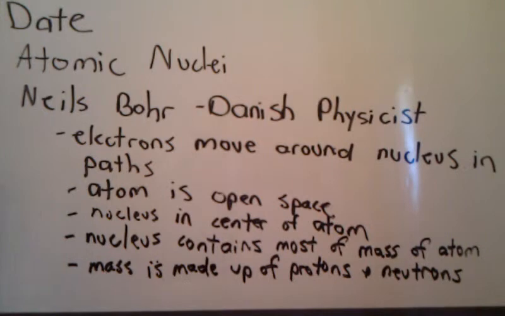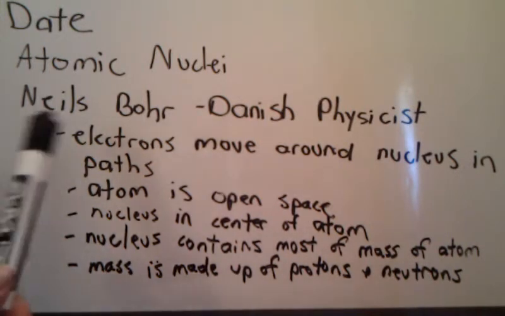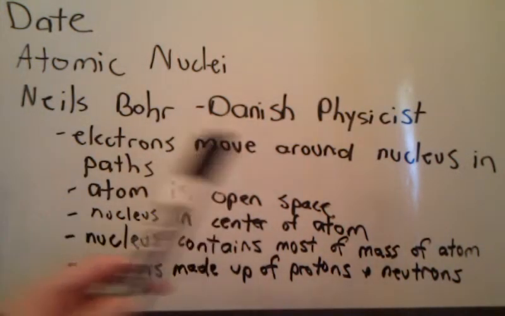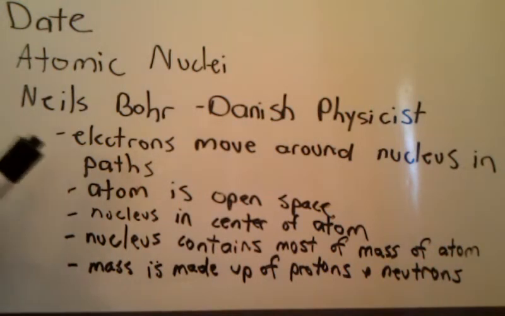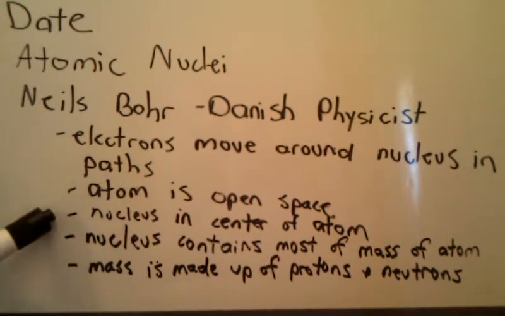Okay, so today we're going to talk about atomic nuclei. Niels Bohr was a Danish physicist. He stated that electrons move around the nucleus in paths. The atom is open space. The nucleus is in the center of the atom. The nucleus contains most of the mass of the atom, and the mass is made up of protons and neutrons.